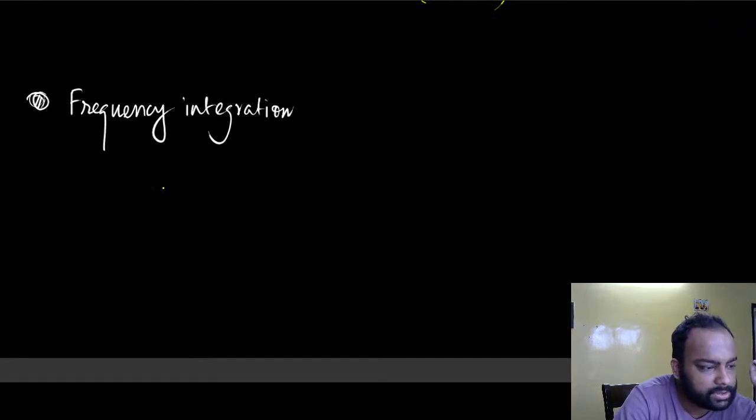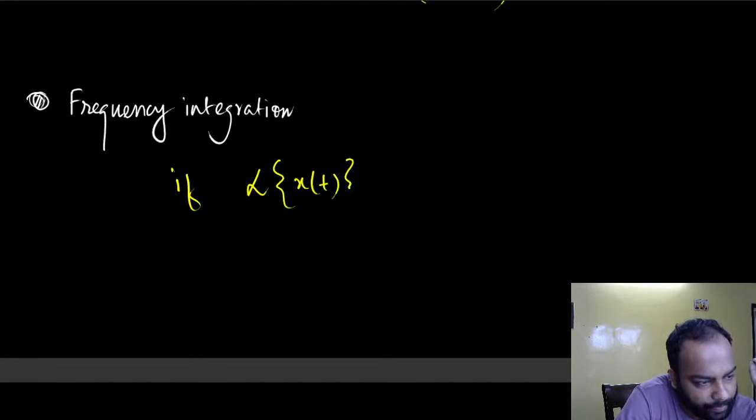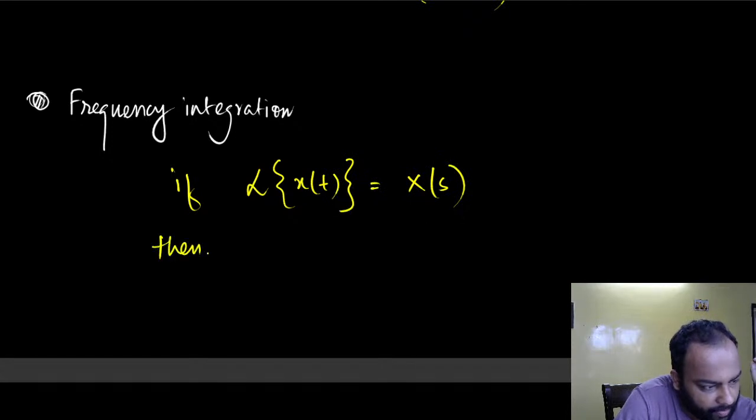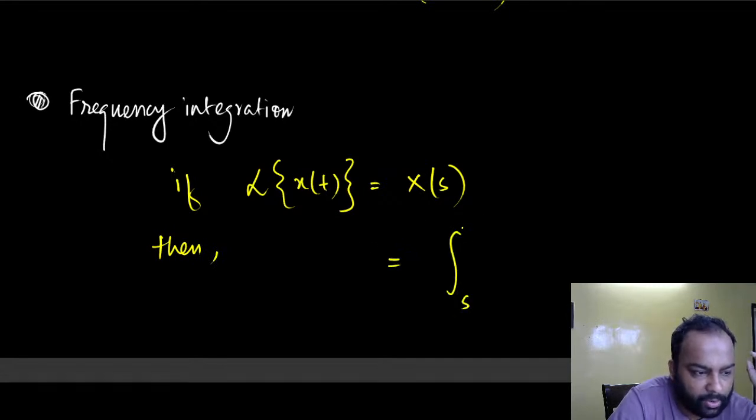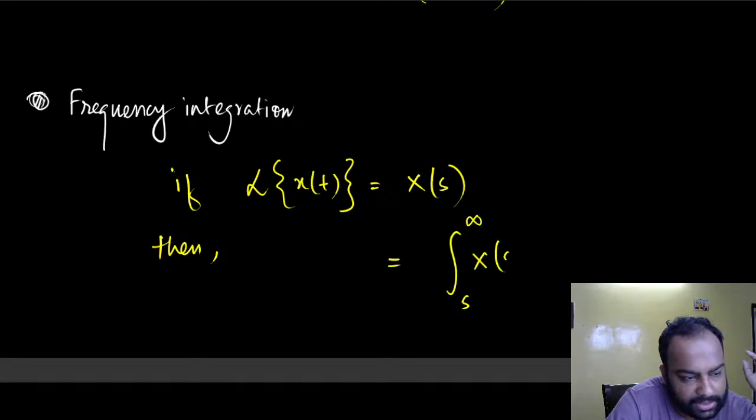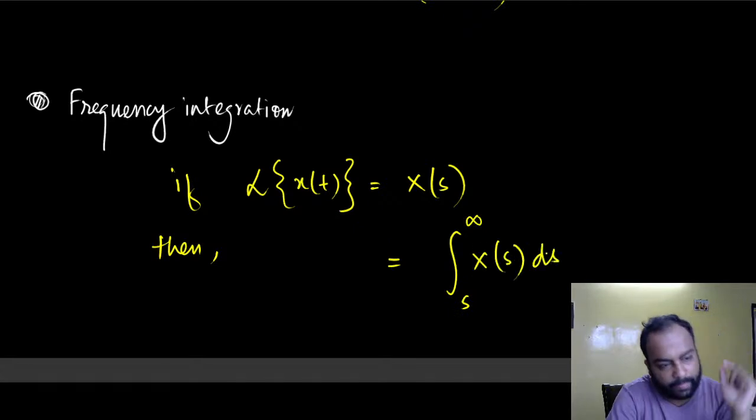Again, the setting goes: if the Laplace transform of x(t) is X(s), then I'm looking for that particular signal x(t) for which the Laplace transform is this one.